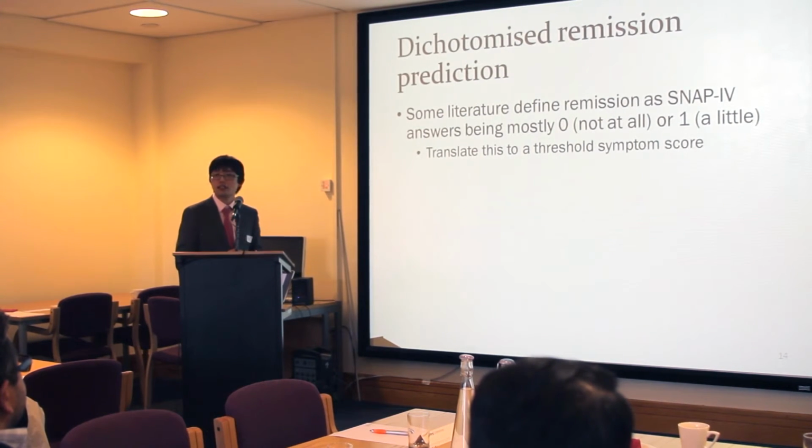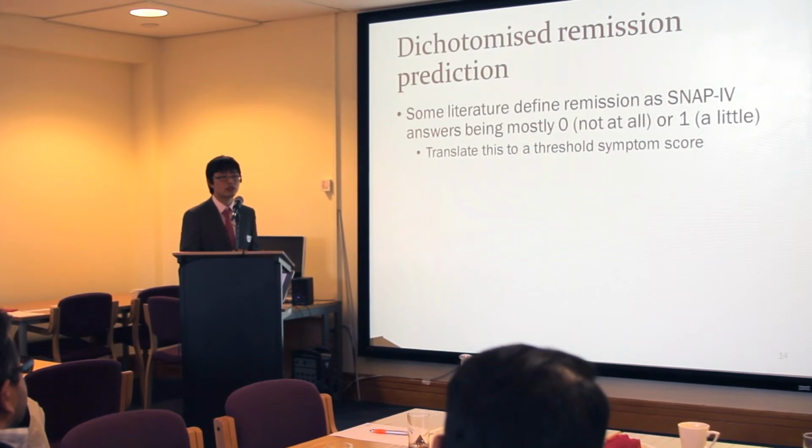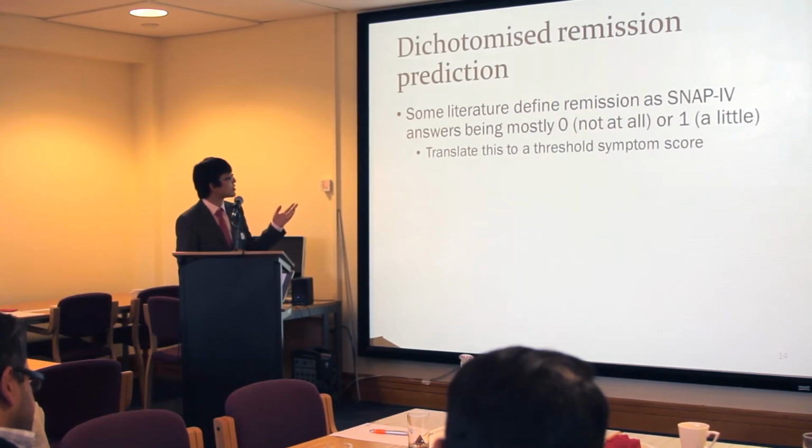So how do I define the threshold? Some literature defines remission as the SNAP score answers being mostly a 0, which is not at all, or 1, a little. And we simply translate this to a symptom score through the factor analysis model.